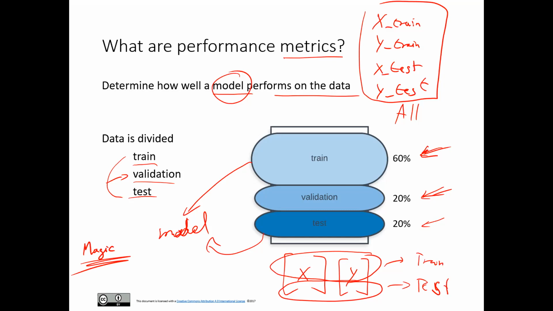So you have to build the pipeline yourself. And then once the model is trained, then you apply the test set. All right, so now let's move on to the next slide.